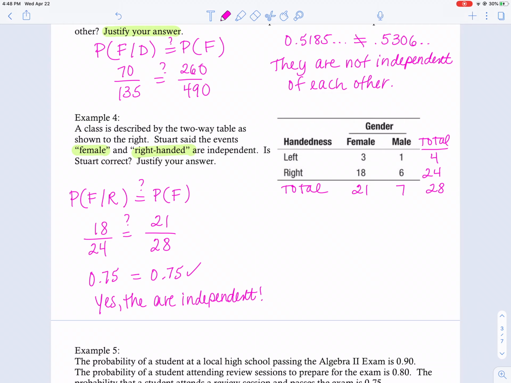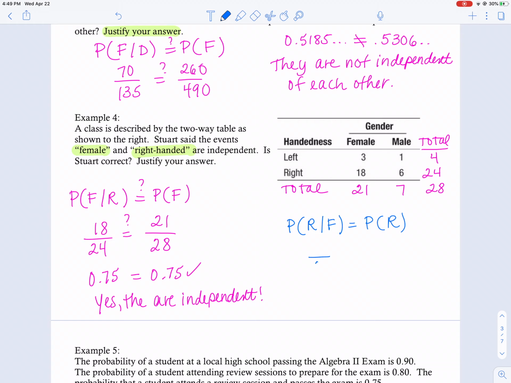So I feel like right now is a really good time for me to prove the other way to you. What if somebody else had done the probability of right-handed given female? Well, then that has to equal the probability that you're right-handed. How many females are there?